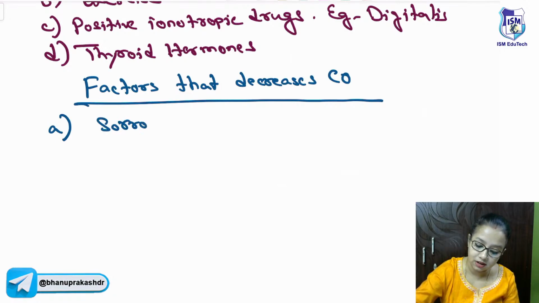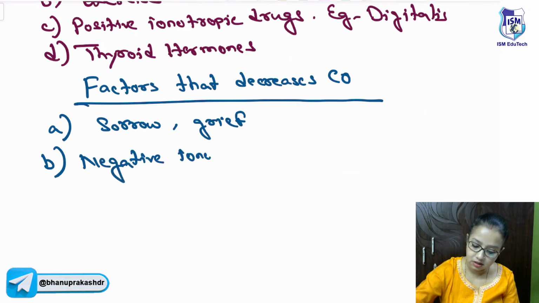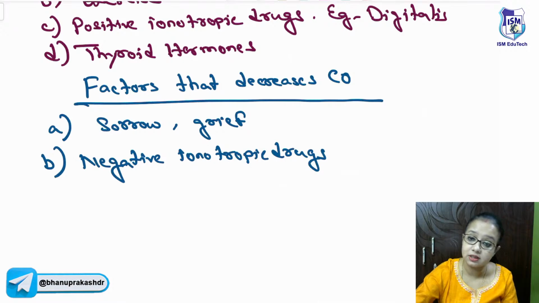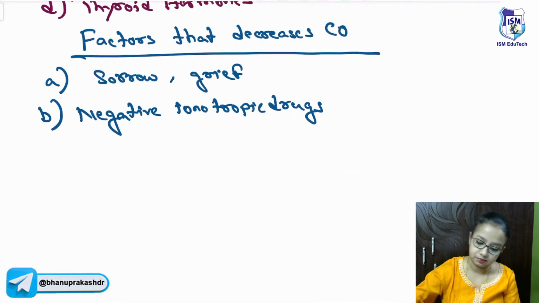Emotional factors like sorrow, grief. Okay. Negative ionotropic drugs like certain vasodilators, they decrease the cardiac output.